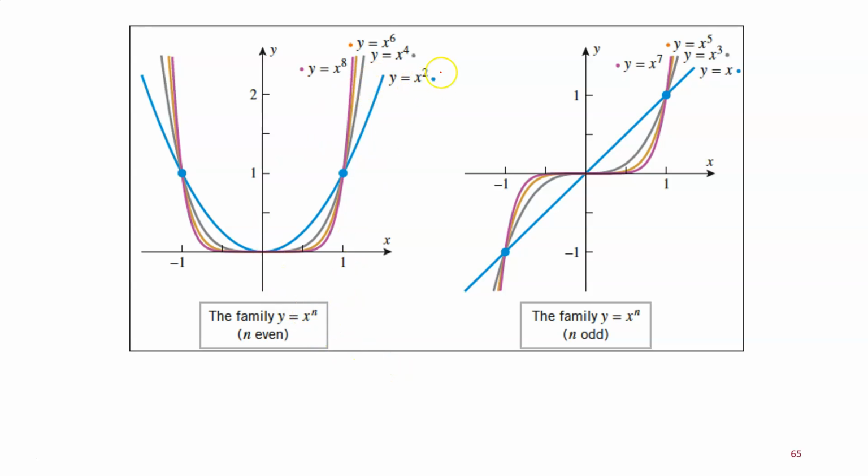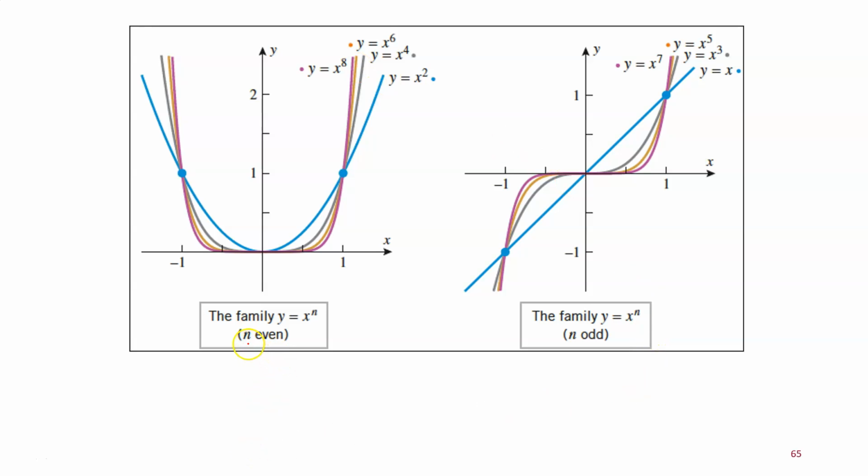Yang mana kalau power function dia dekat atas x to the power of 2, you will get a quadratic curve like this, the blue one. When you have x to the power of 4, still you have a curve like this, tapi dia macam agak leper sedikit. And when you have x to the power of 6, again, you still have a kind of U shape there.